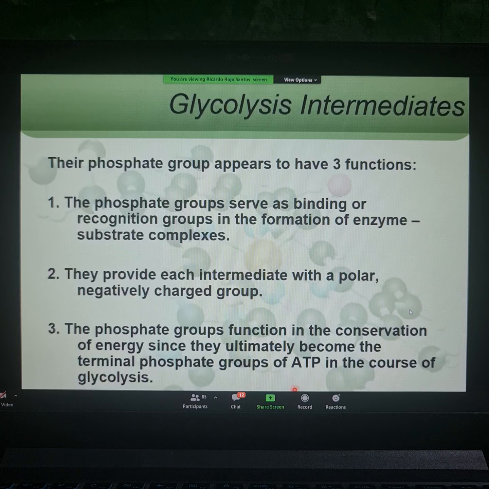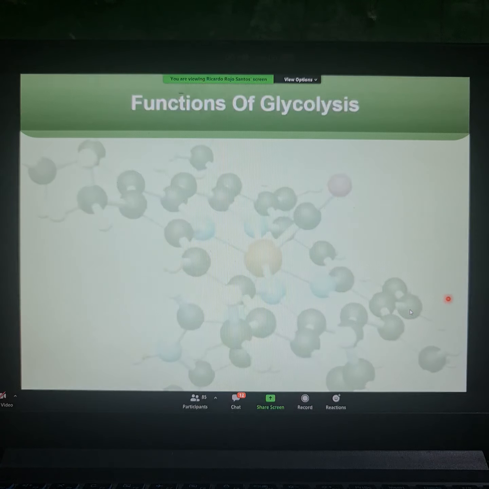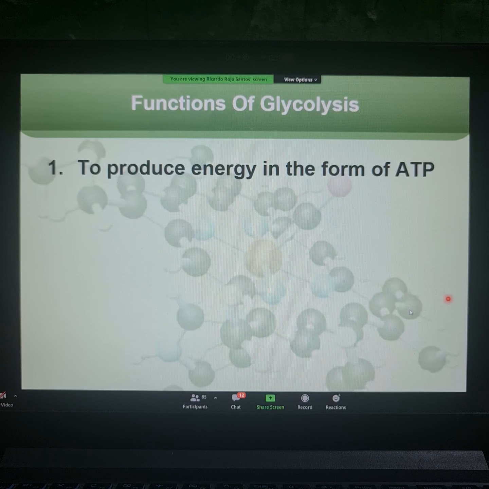Not only in the course of glycolysis, but also in the other pathways of carbohydrate metabolism. So please remember these three functions of the phosphate group in the intermediate metabolites of glycolysis.